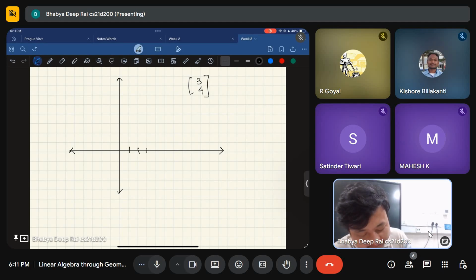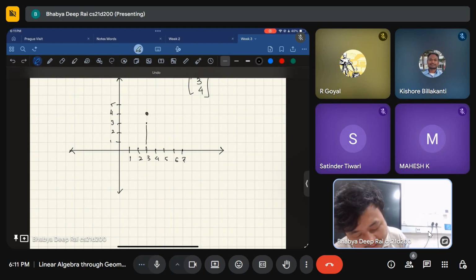But what 3, 4 as a vector means, not as a point, is you take a line from the origin, an arrow pointing to 3, 4. What it represents is a direction, wherever it's pointing, and a certain length.